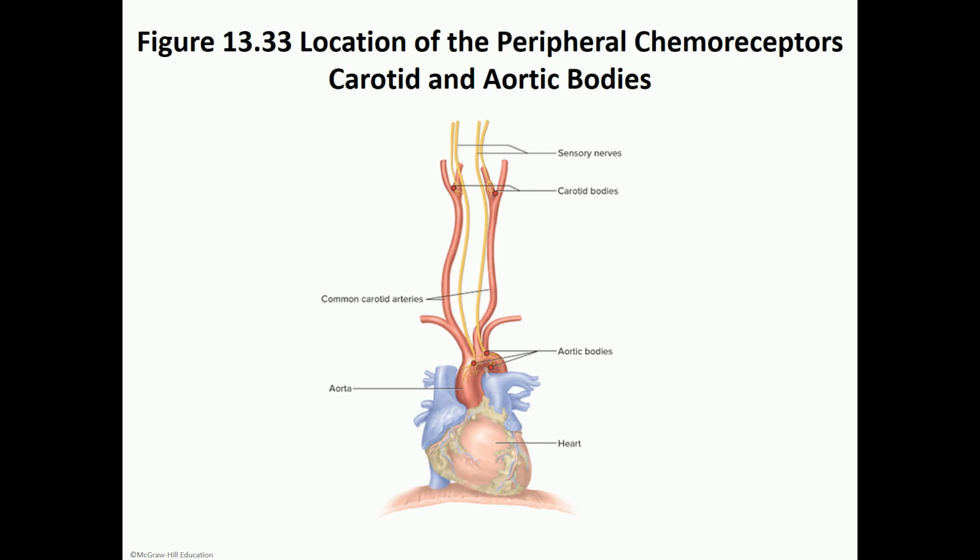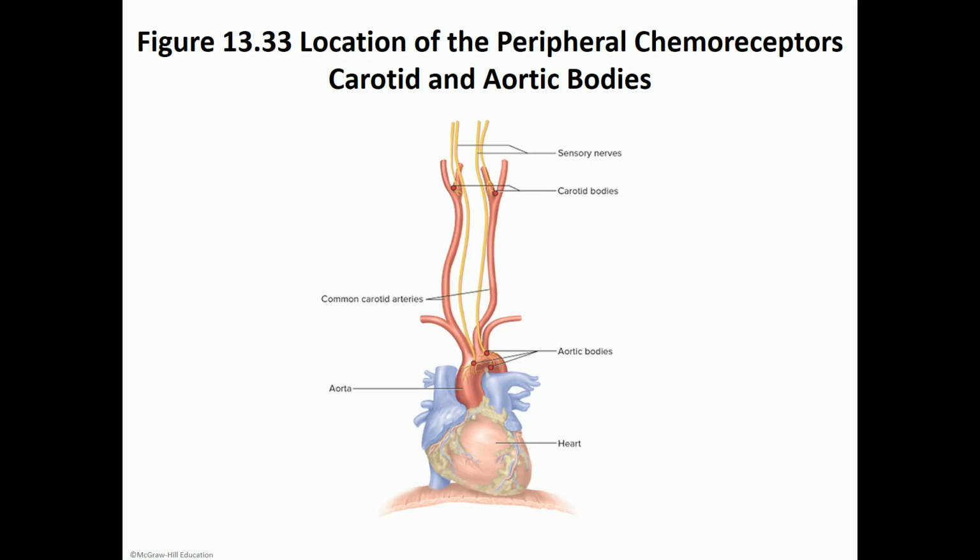Our breathing is also controlled by the different chemicals in the body, so the levels of oxygen and the levels of carbon dioxide. Those levels are detected by chemoreceptors. Some of the chemoreceptors are found central, meaning in the CNS, while other chemoreceptors are found in the periphery, and those are known as the peripheral chemoreceptors.